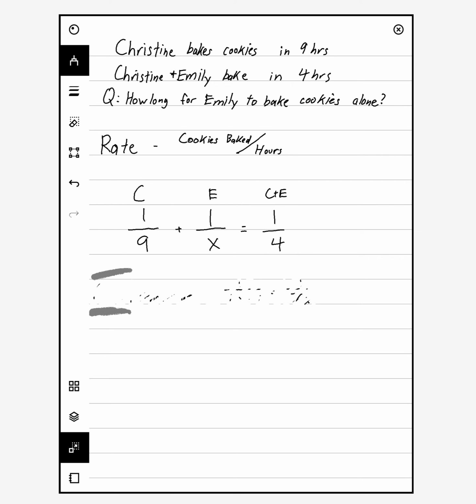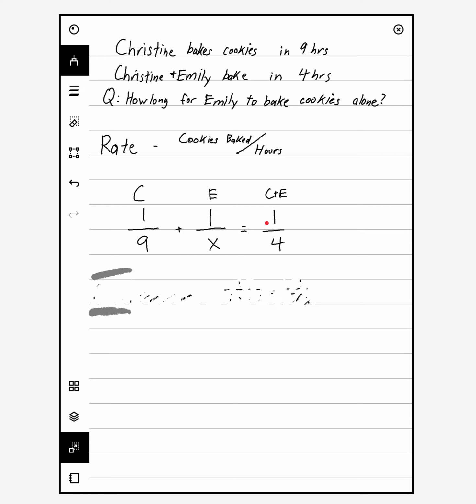Okay, so this is going to be Christine's rate. She is able to bake all the cookies, so just one, right? Cookies baked is just 1 unit, over 9 hours to do it. And then Emily, we don't know how many hours it's going to take her. That's what the question's asking, right? But what we do know is this: when Christine and Emily bake together, it takes them 4 hours.